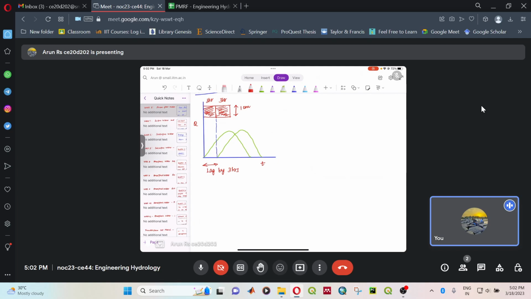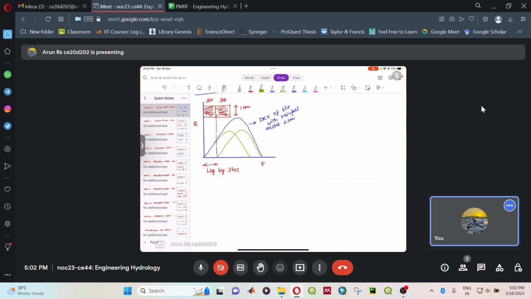Now what will happen is, if you lag it and then add it up, you will get a DRH of 6 hours with rainfall excess 2 centimeters.